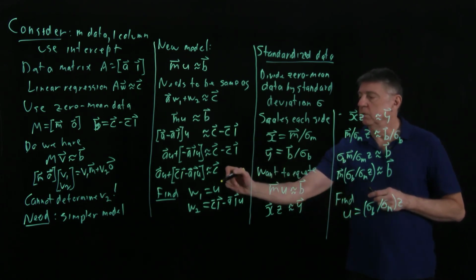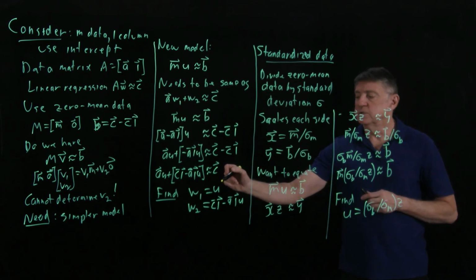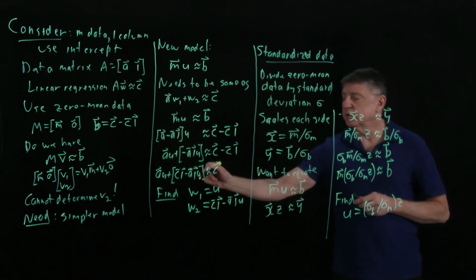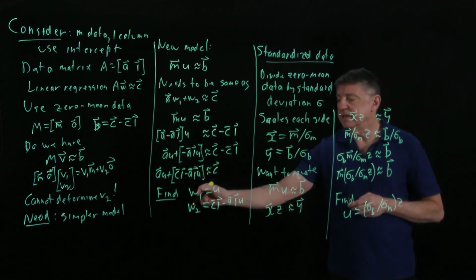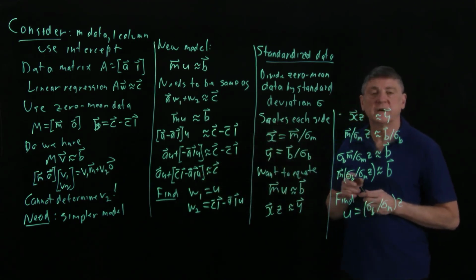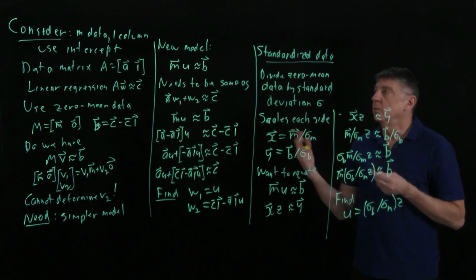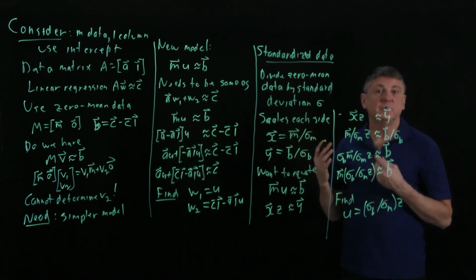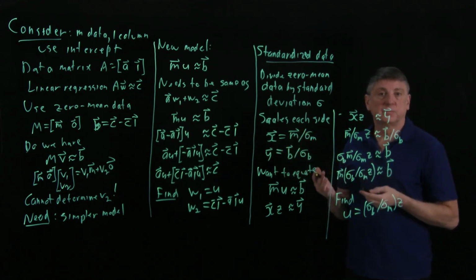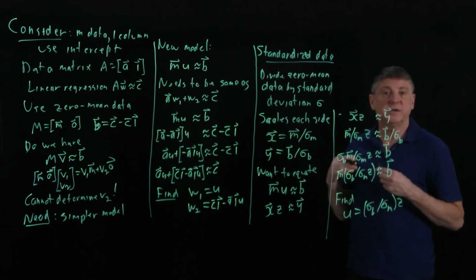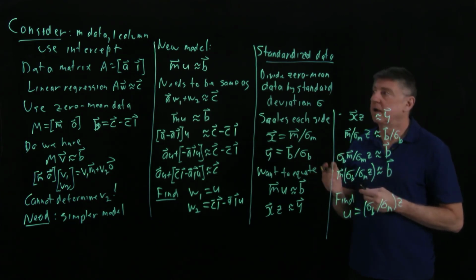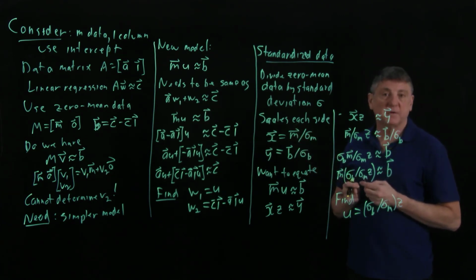From u, we would then use the zero means and calculate the slope of our linear regression and the intercept term for our linear regression. And so we can use standardized data to perform a linear regression, and then we can reconstruct our original weight vector, which are the parameters of our model.